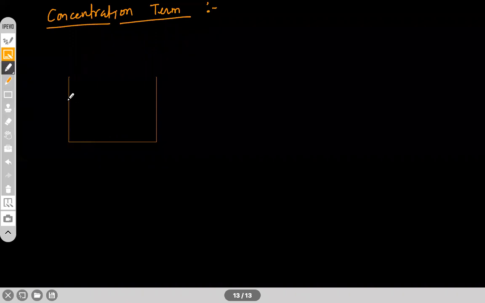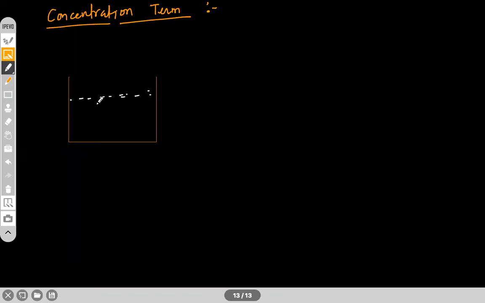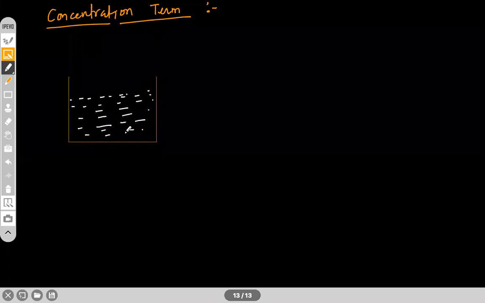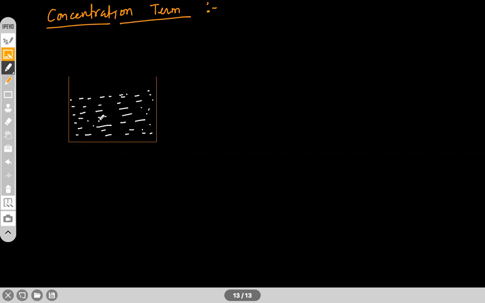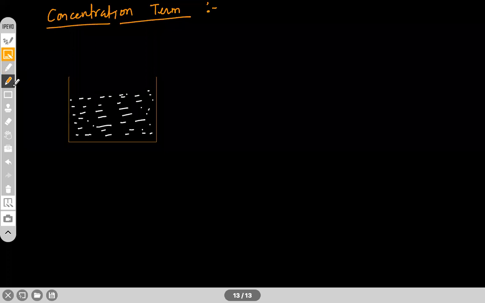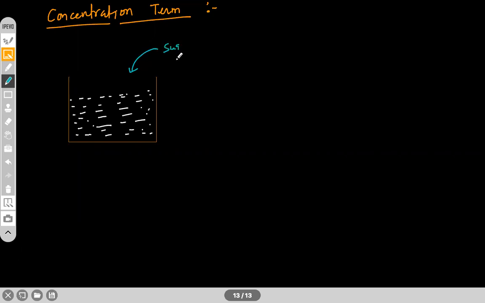Now, in this water or whatever solvent you have here, if you add some different compound into this, for example, suppose you are adding sugar crystal into it or salt or any other particles, right?